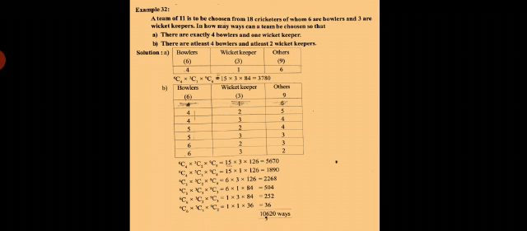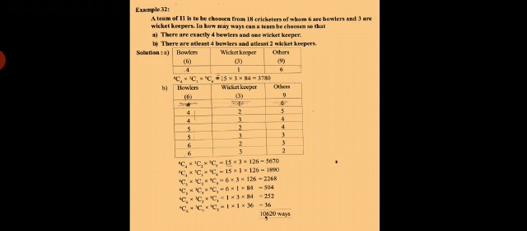Okay. Similarly for the next condition, there are at least 4 bowlers and at least 2 wicket keepers. Whenever 'at least' comes, students, it means that number and up to the last number, that is more or equal.